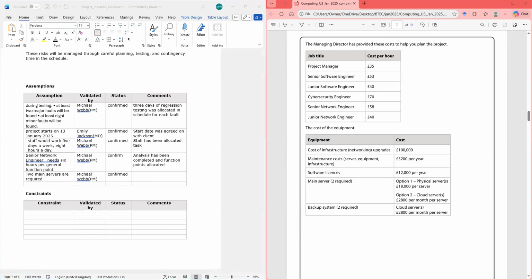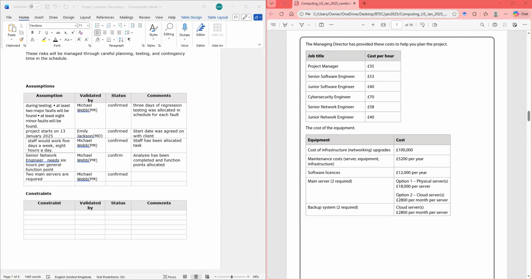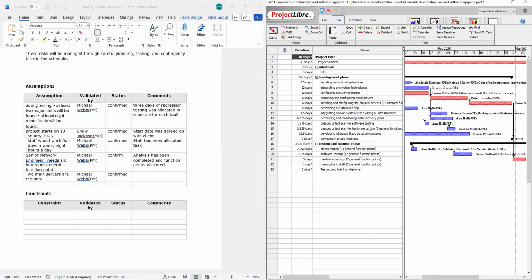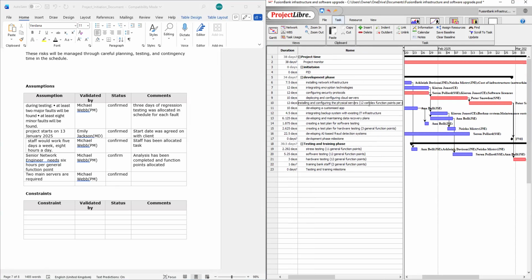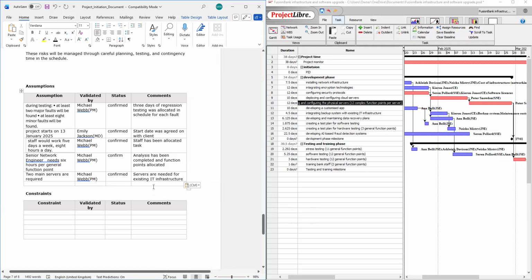And I've assumed that the two main servers are required because what? Why do I need the server? And the Gantt chart will tell you. Because the existing infrastructure is going to need those two servers, right?